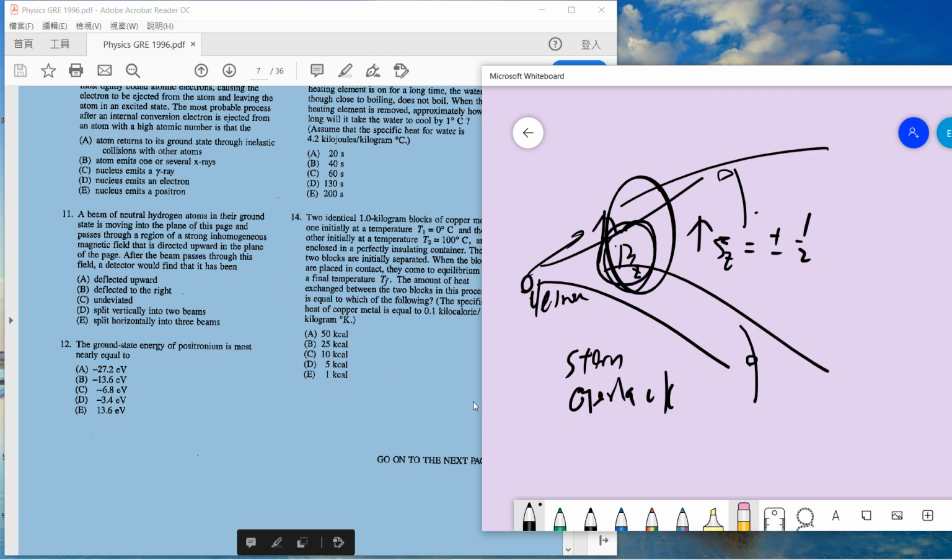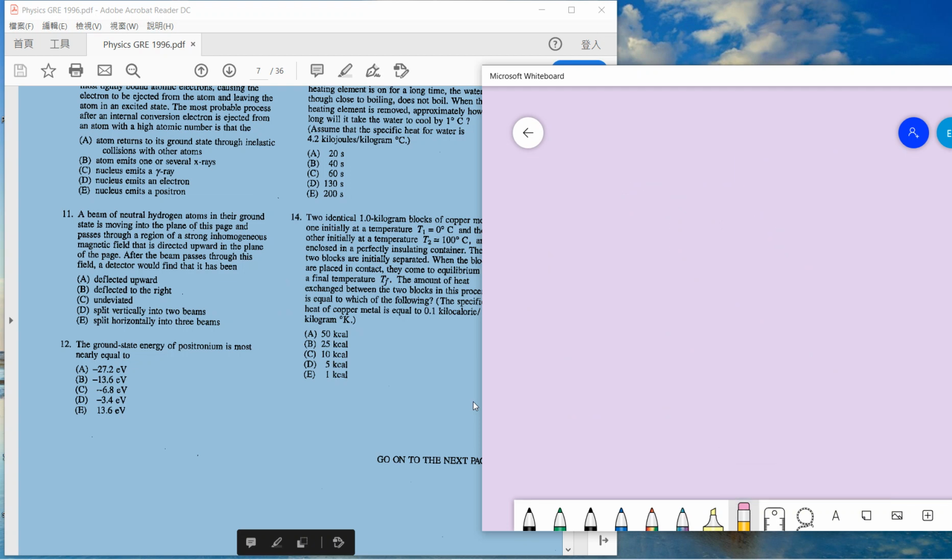Okay, and 12. I already said many times, but you should remember the Bohr model. The 13.6 eV is proportional to the effective mass.